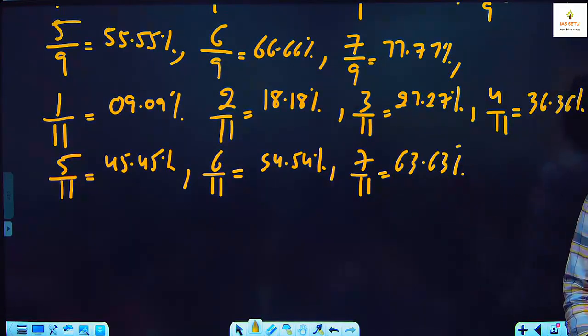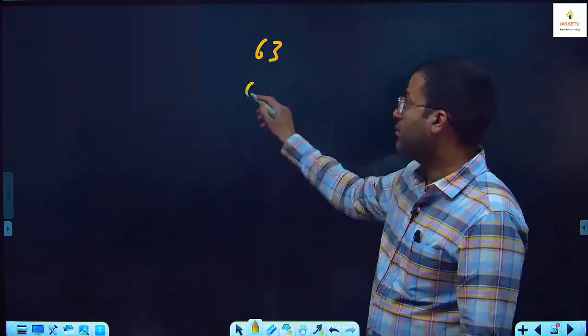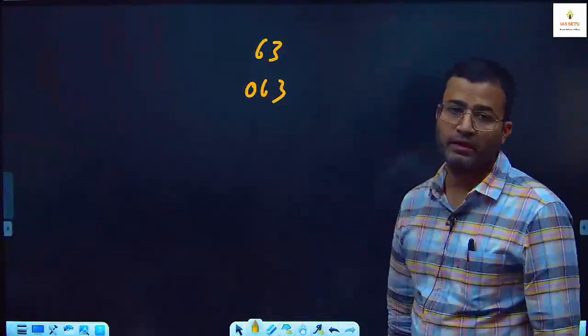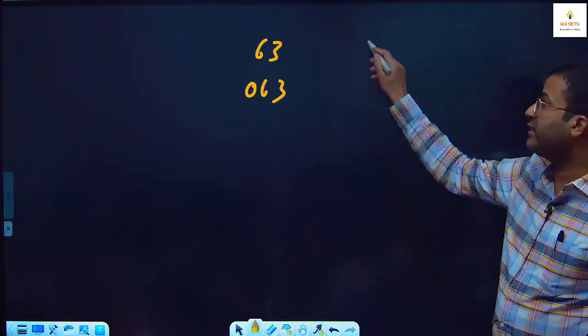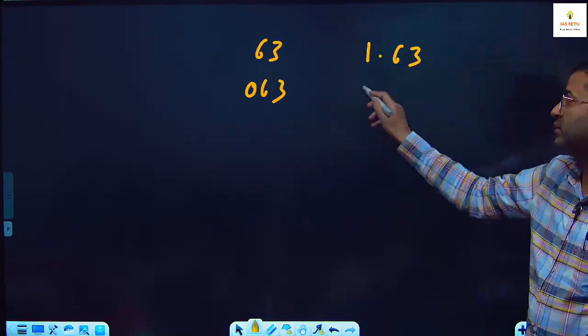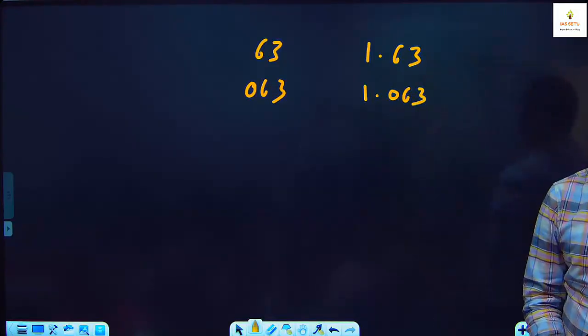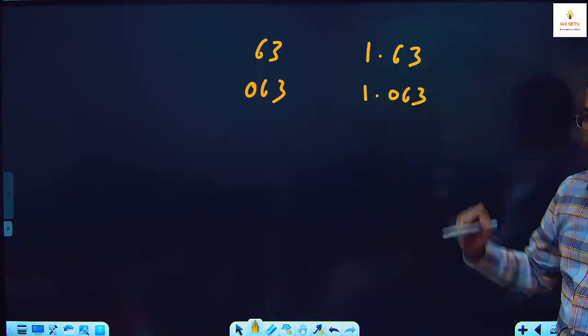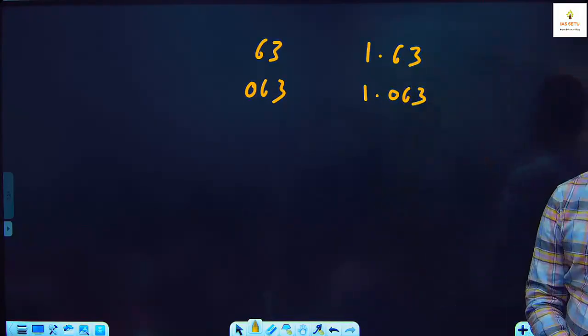I tell you the reason behind this. Why is there a rule that after decimal, we have to read individual digits? We read it as 63 only. If I write 1 point this, 1 point this, if we don't have this rule, all of you read like 1.63, but there is a difference.